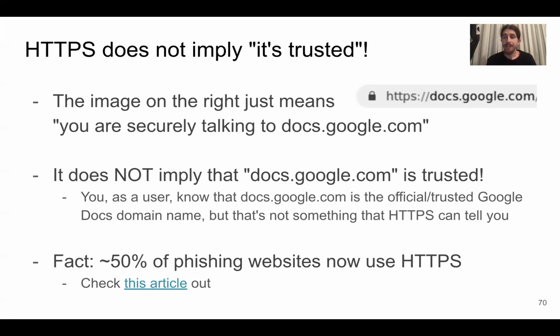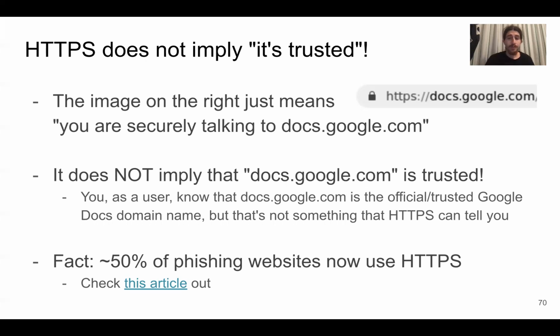Same for Facebook. If you go to facebook.com and you see the lock, this tells you that you are securely talking to facebook.com, but it doesn't tell you that facebook.com is trusted. It's you, the user, that knows that the real Facebook domain name is facebook.com. It's you, the user, that knows that to actually go to Google Docs, you need to go to docs.google.com.